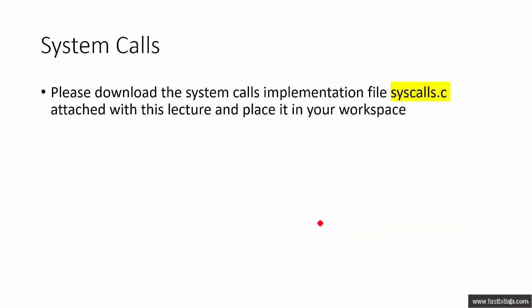Now we have to include all the system call implementations. I have attached a file with this lecture. The file name is syscalls.c. I want you to download that file and place it in your workspace. This file contains the function definitions of some of the important system calls such as write, read, close, open, etc. This file doesn't contain a complete implementation of all those system calls.